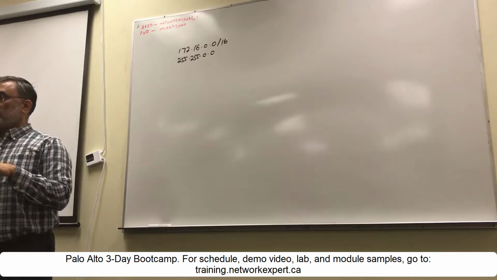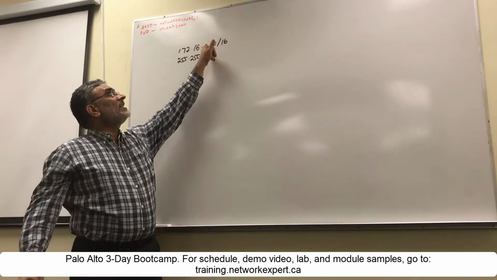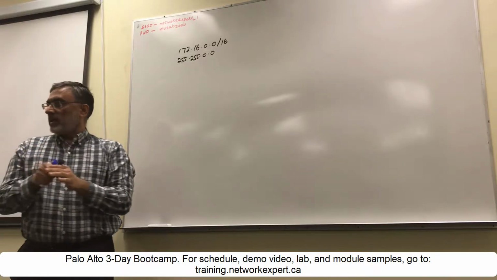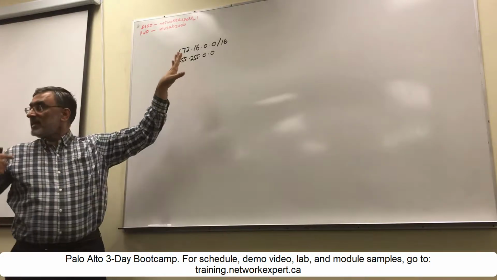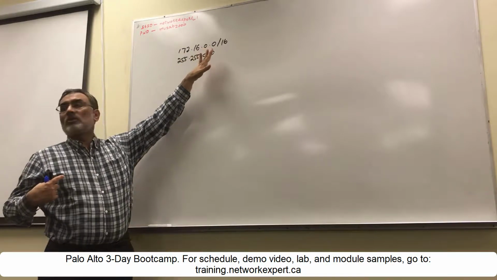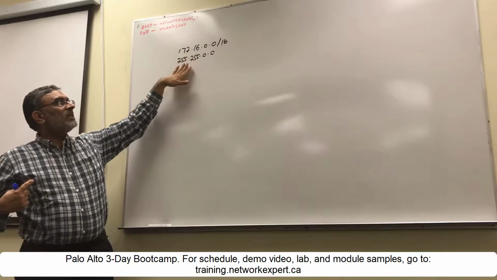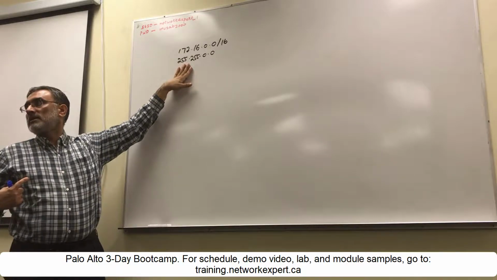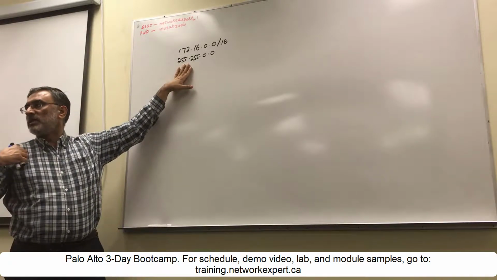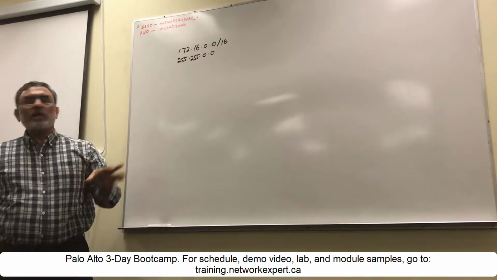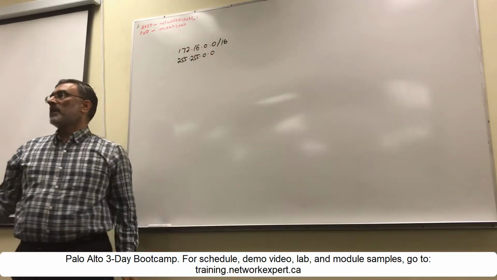Why? Because it is given to me. I can play around with the 16 bits which are variable for me, okay? Because I have been assigned 172.16.0.0 with this /16. That means for me, these 16 bits are constant. This was the network address given to me. I want to break down this network into further subnets. That means I can actually play around with this.